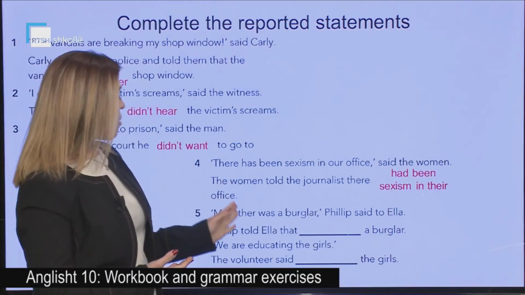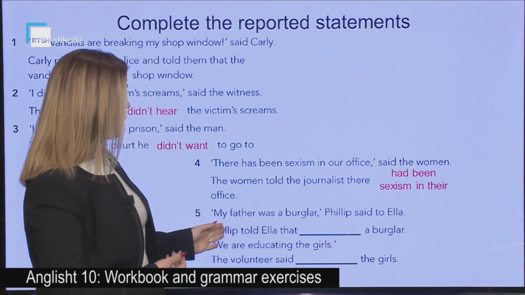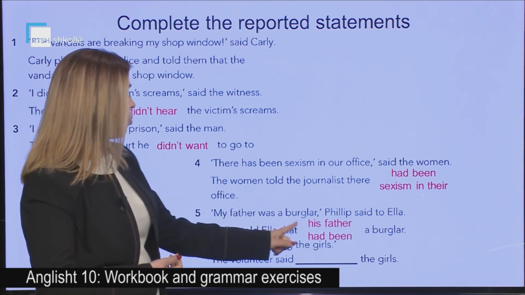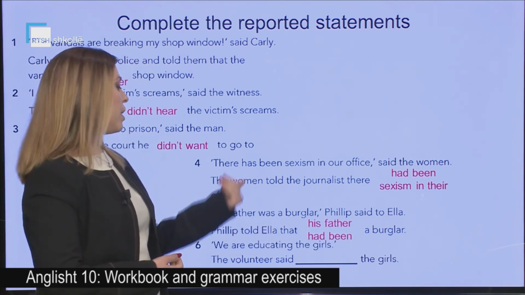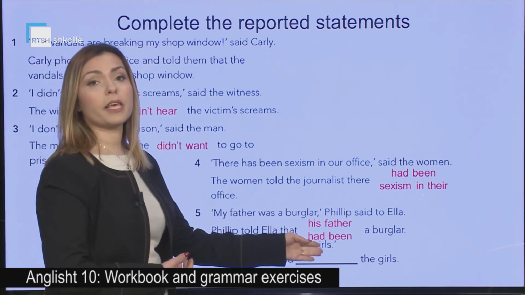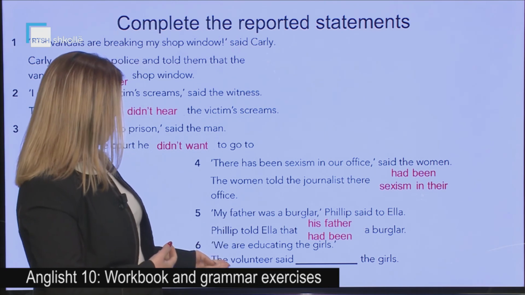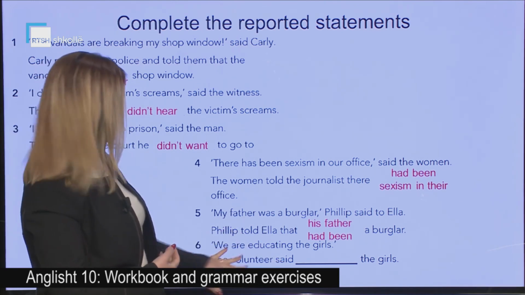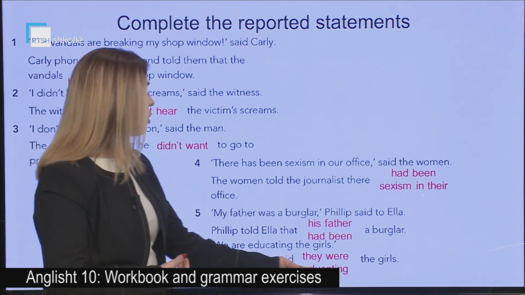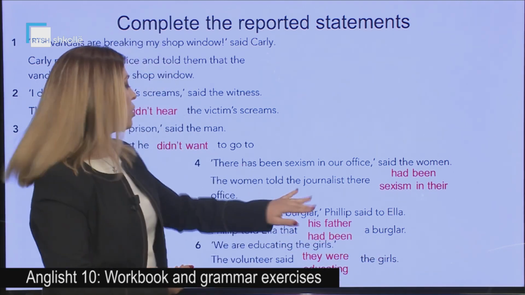Number 5. My father was a burglar, Philip said to Ella. So Philip told Ella that his father was, we can leave it as it is, or his father had been a burglar, because it is Philip that is speaking. And we are educating the girls. The volunteer said that, not we now, but they were educating the girls. Present continuous, that becomes past continuous.